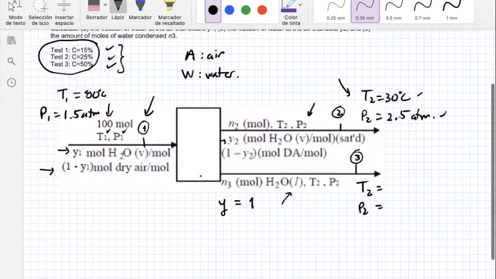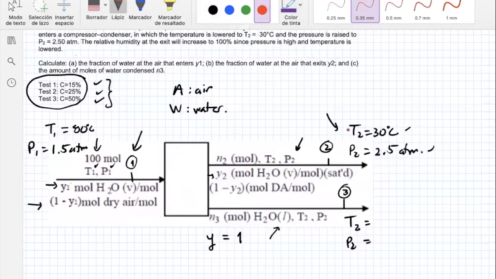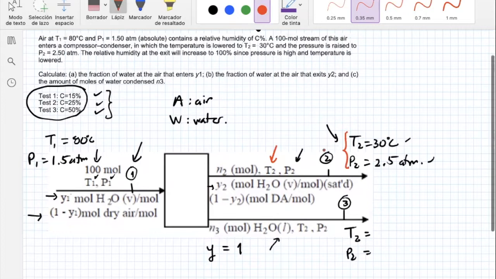So with that in mind, I'm going to put it here. I have these conditions, right? What the problem is telling me is that this stream two is saturated. That means that PV2, the vapor pressure of this water, is the same as PG, which is called PG in psychrometry, or in steam table language, the saturation pressure, okay?